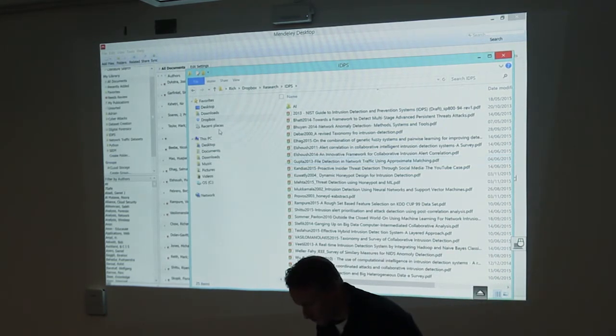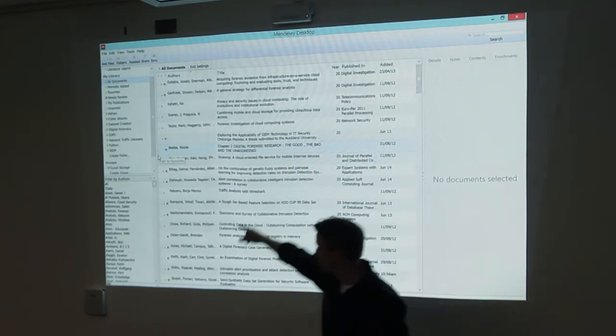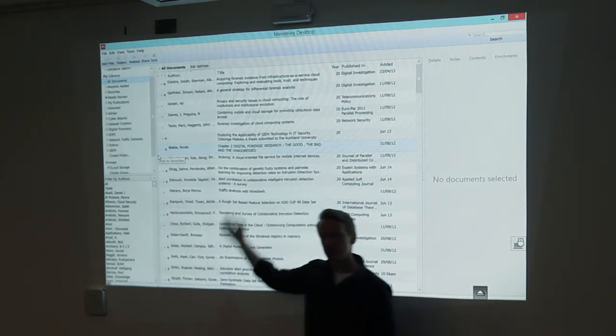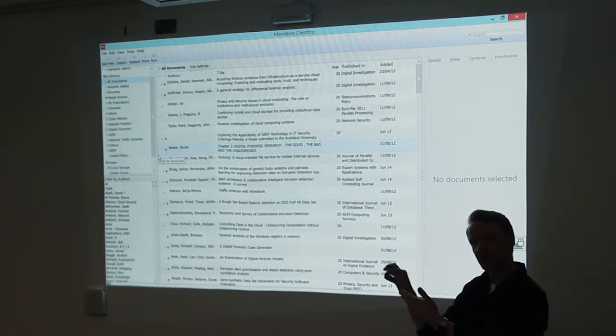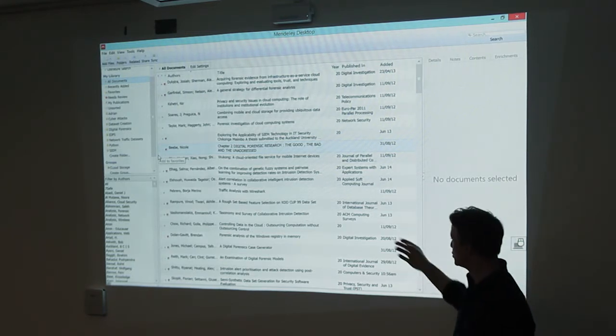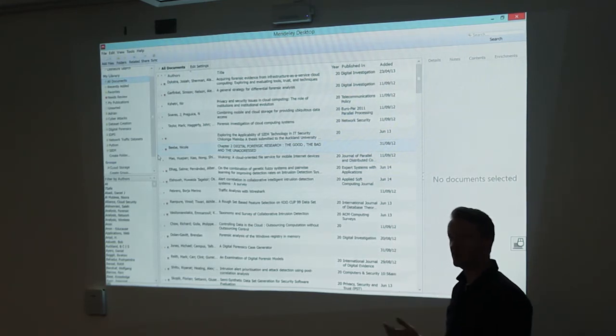If I have a look up here, you'll find there are different statuses. Some of these haven't been entered properly into the database yet. They're sitting, waiting. They've tried to pick up the title and author. All you do is click on them, have a little look, tidy it up, make sure the date's right, the author's right, and then it sticks it in the database, and then you can use it.